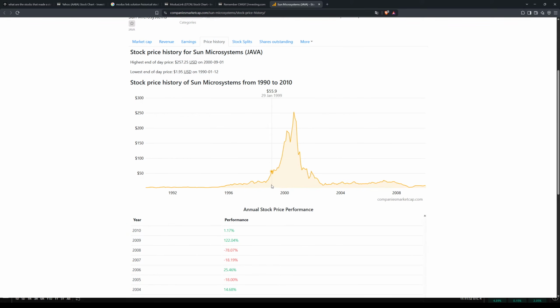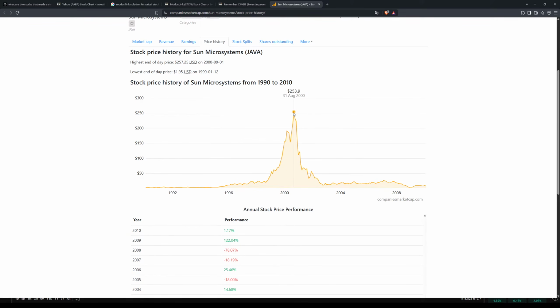I cannot find the candlestick chart, so this is only showing the monthly close. It finds the first parabolic top in February 2000, and then continues going higher and makes a new high in August before this 90-degree crash.